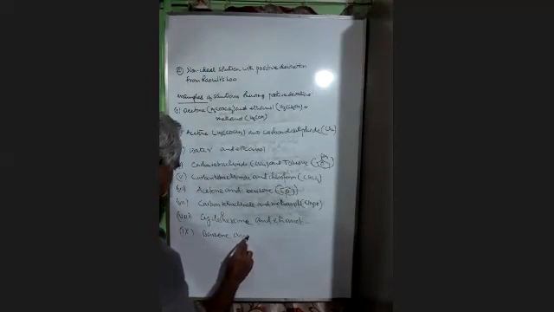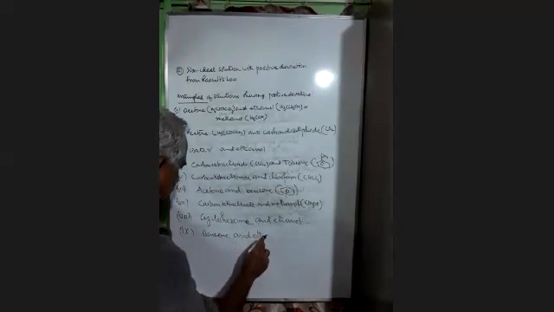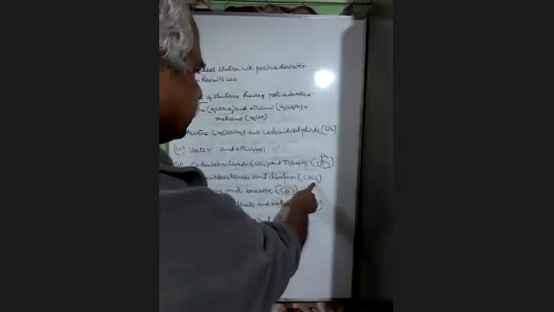Benzene and ethanol. So what is the formula for chloroform? Chloroform is CHCl3. I've written, na?